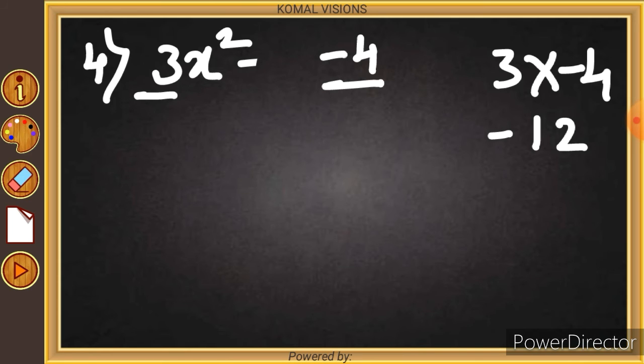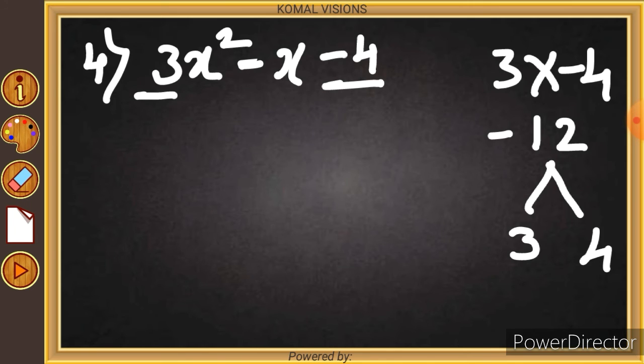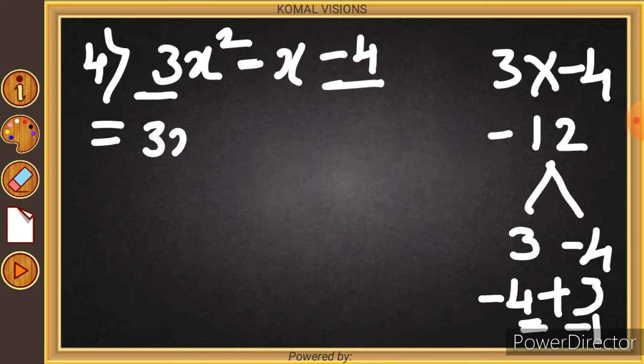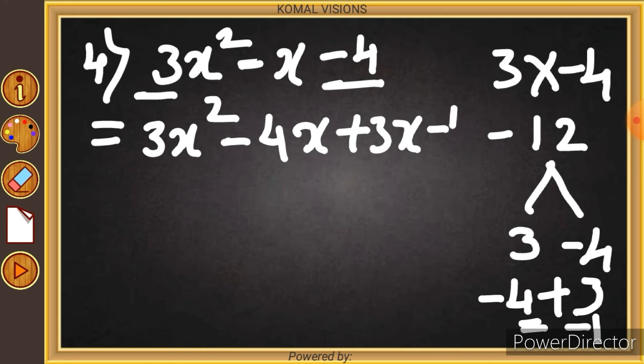So I should consider the factors of 12 where I can get the coefficient of x as minus 1 if I add or subtract the factors. Okay, so I think I can go with 3 and 4, and minus 4 I'll take, because I want minus 1 here. When I add minus 4 plus 3, I'll get minus 1. Now in the place of minus x, I'll substitute 3x square minus 4x plus 3x minus 4.